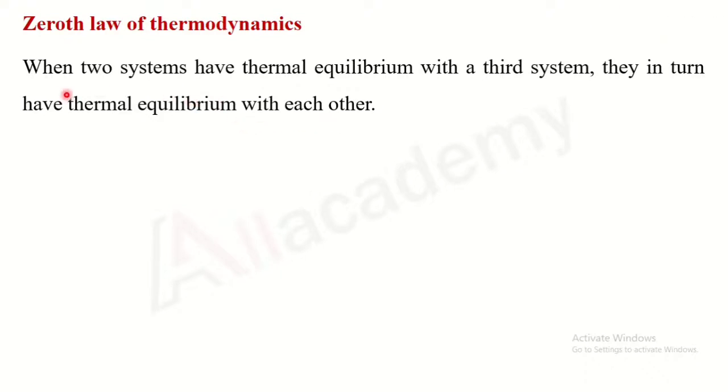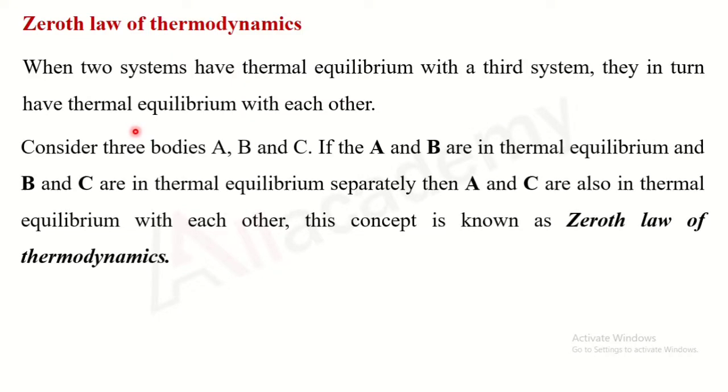So let us once again discuss. When two systems have thermal equilibrium with a third system, they in turn have a thermal equilibrium with each other. Let us know in detail about this zeroth law with a simple example.